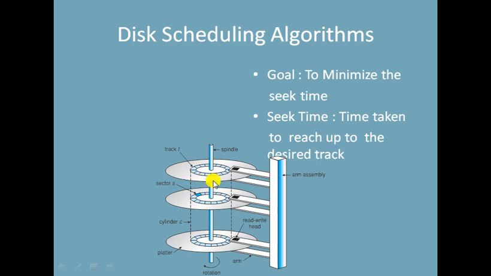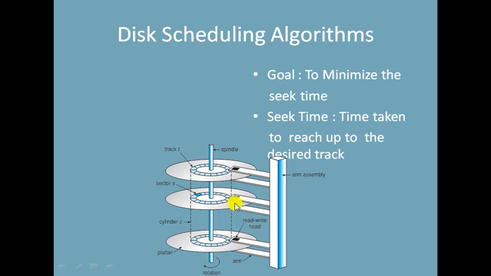On the first platter this is track 1, on the second platter track 2, on the third platter track 3. If you combine all these, we name it a cylinder. So a hard disk consists of a number of platters, every platter is divided into tracks, every track is divided into sectors, and the same track on all the platters forms a cylinder.